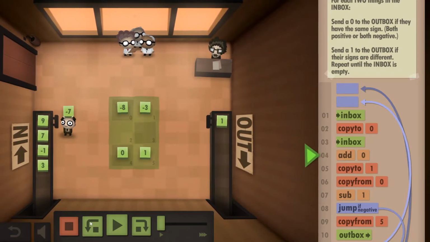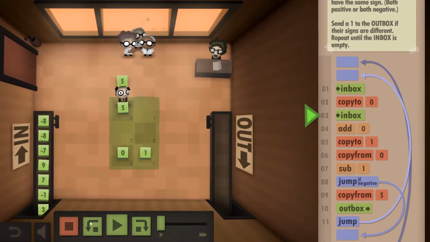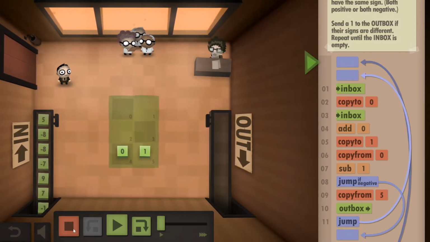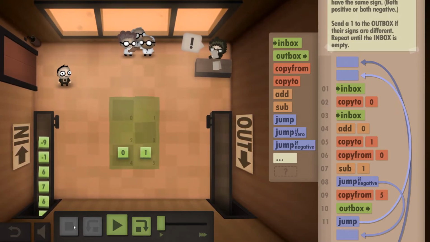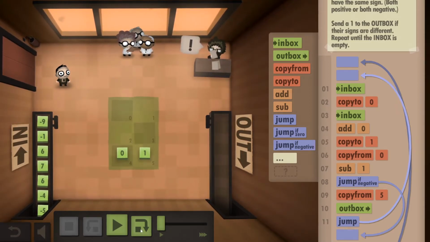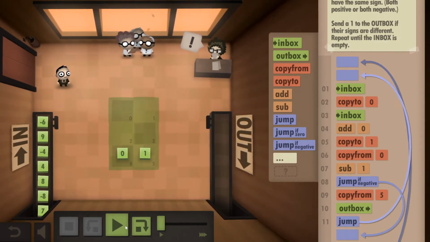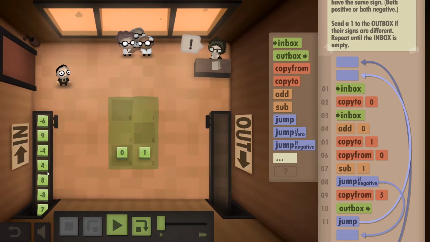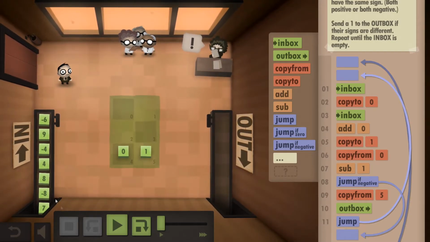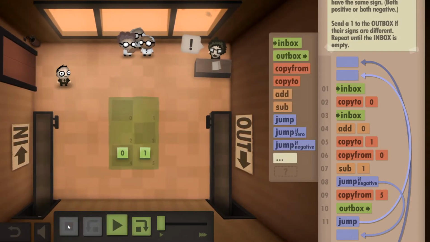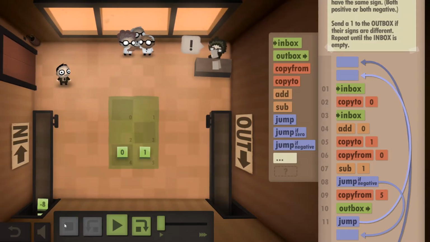But if we did that with positive numbers... We don't have an example of positive numbers here. Let's see if we can get two positive numbers in our first. Just trying to get some positive numbers as the first two. Okay, here we go.